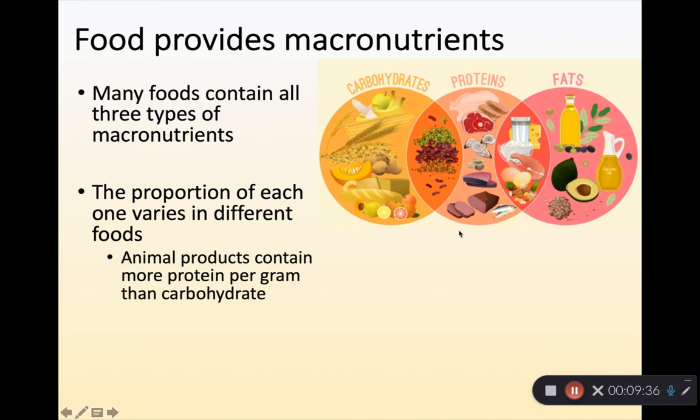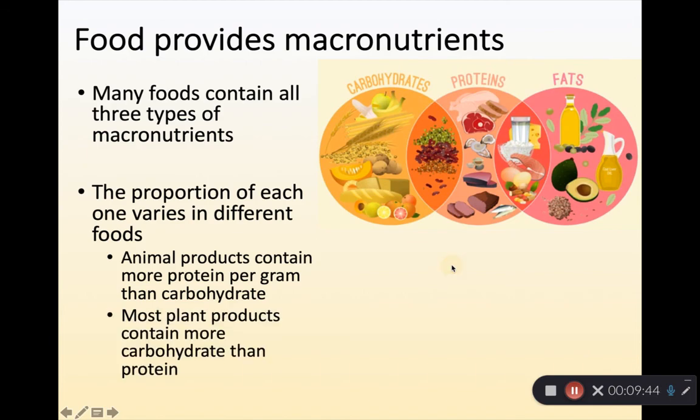Again, that's just an example of understanding that macronutrients can vary in the different types of foods that we consume. And another example is that plant products contain more carbohydrates than protein. Again, these are just generalities, but the critical thing to take away from this is that macronutrients exist in different types of food, and they may have a larger proportion of these three macronutrients than other types of food.